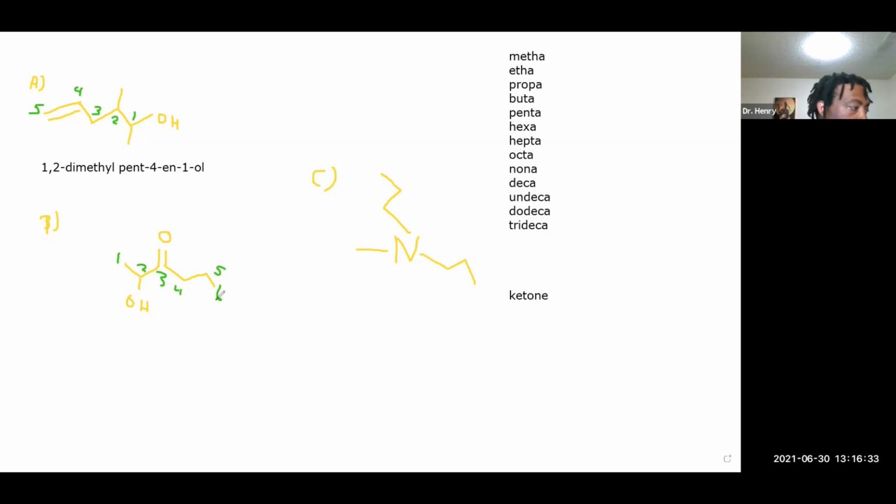Okay? And then? So I have a 6-carbon chain. What am I going to call it?